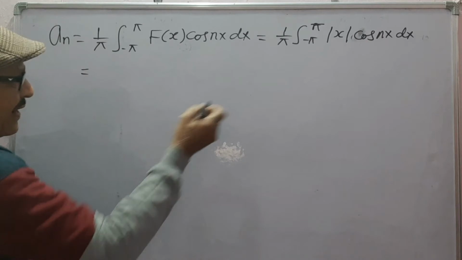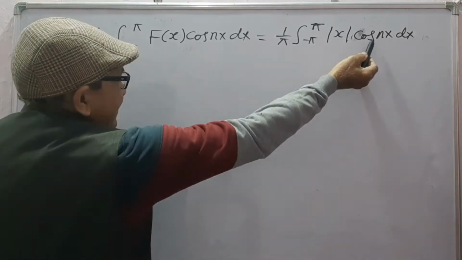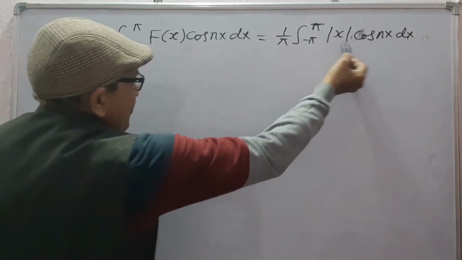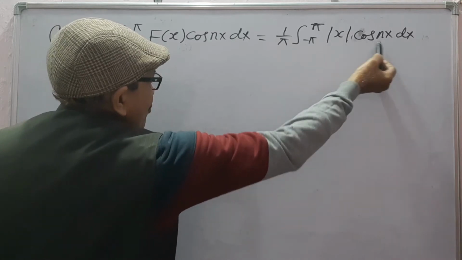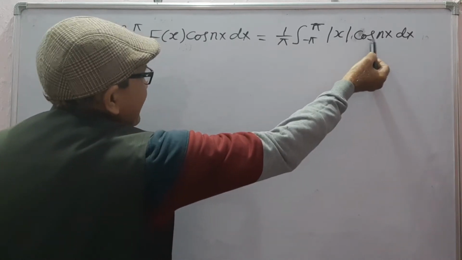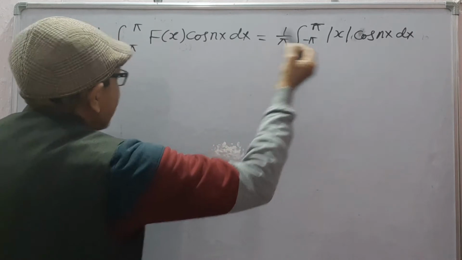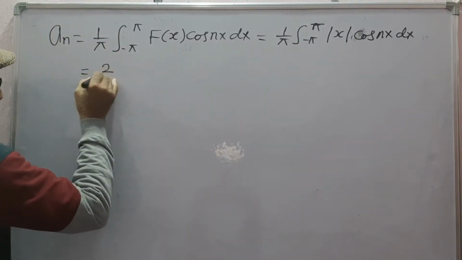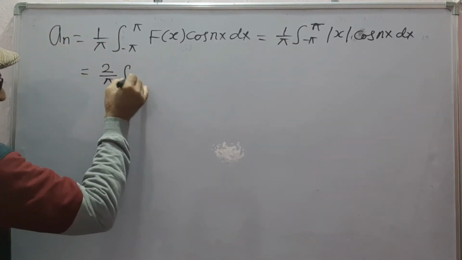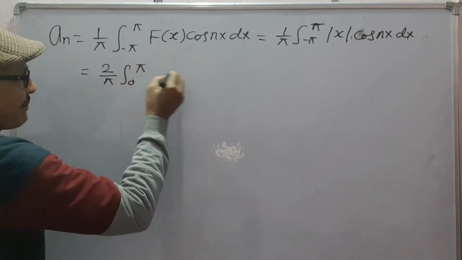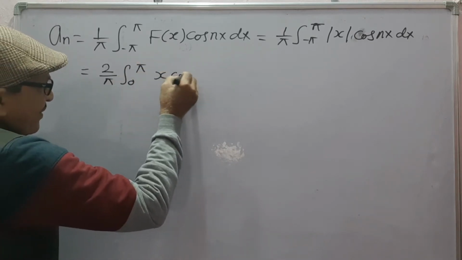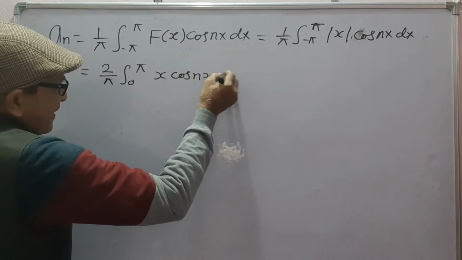Again cos nx is even and this is even, so the total |x| cos nx will be even, and we can write it as 2/pi integral 0 to pi x cos nx dx.